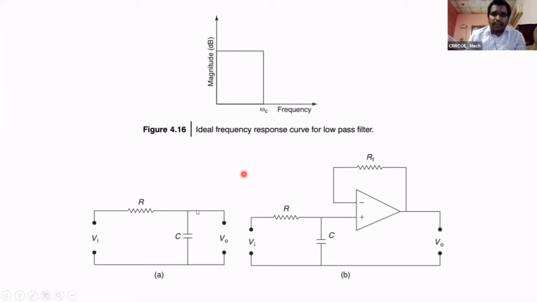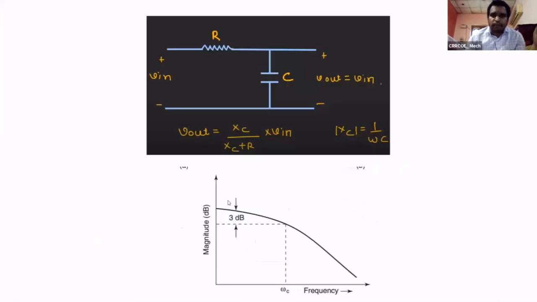Now see how it works. In the low pass filter, we are arranging resistance and capacitance. V out is taken from the node between the resistance and capacitance.